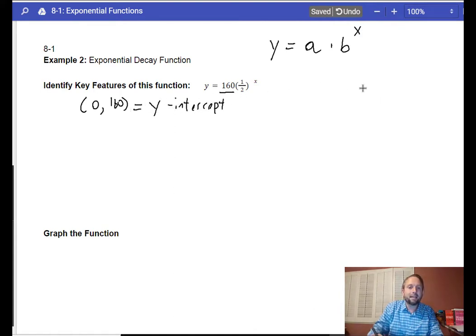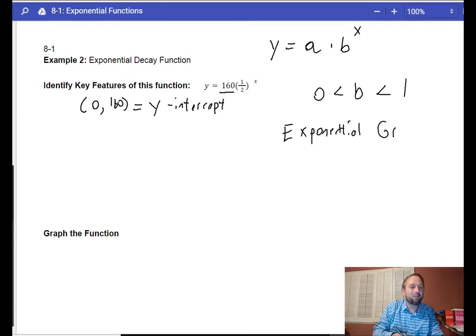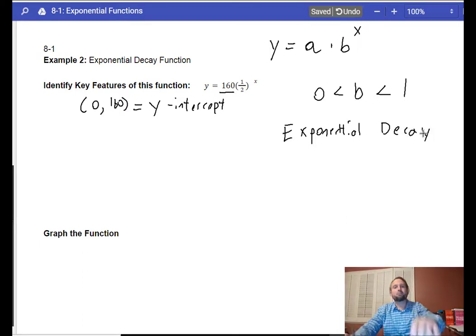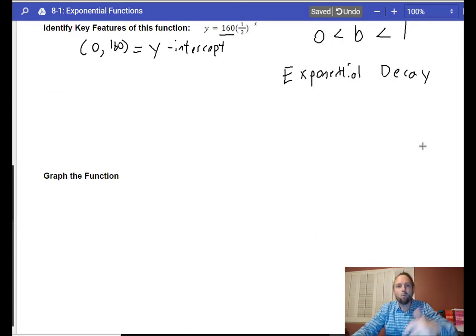And because b is in between 0 and 1, this is exponential growth. Oh, I'm sorry, not growth, decay. The other one was growth. This one is decay. It means it's going to get smaller, smaller, smaller. Sometimes it's easy to just think, all right, what's going to happen?